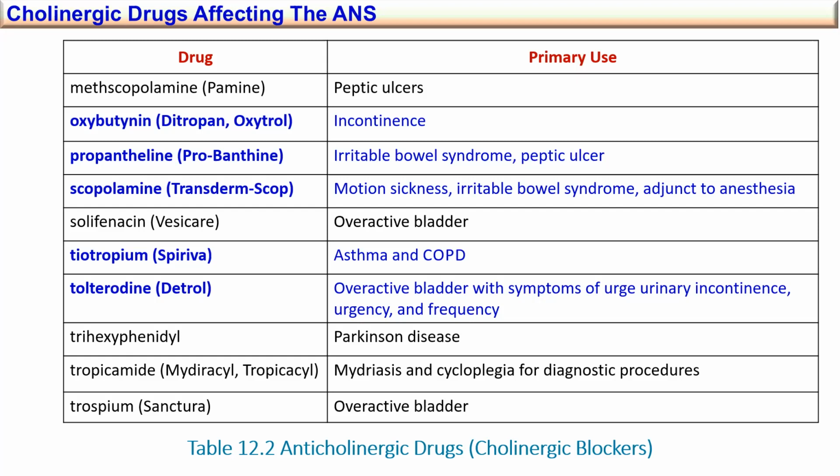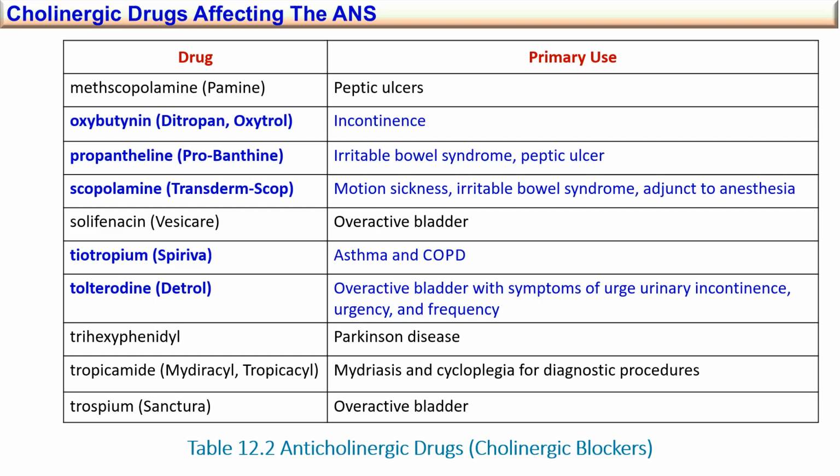So the principal uses for scopolamine as an anticholinergic are motion sickness and mydriasis during ophthalmic procedures. If they want pupil dilatation during ophthalmic procedures, scopolamine will be great for that.